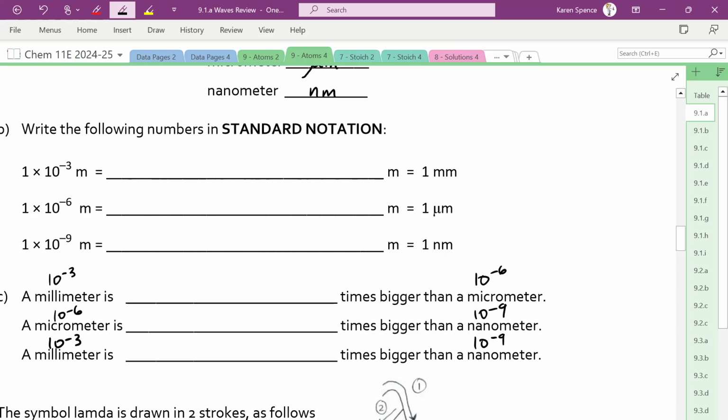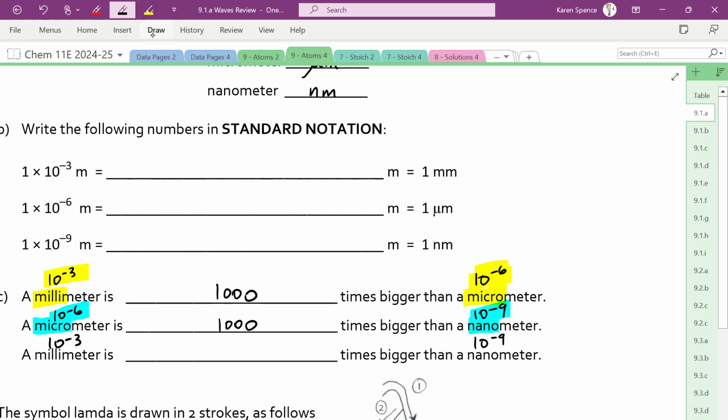So, how many times bigger is a millimeter than a micrometer? 10 to the 3, which is how many? 1,000. A micrometer, which is 10 to the negative 6, is how many times bigger than a nanometer? 1,000.